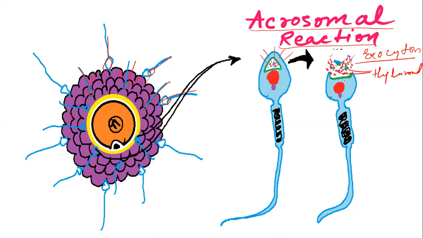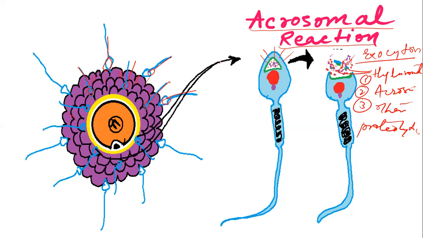The main enzymes are hyaluronidase, second is acrosin, and third is other proteolytic enzymes.